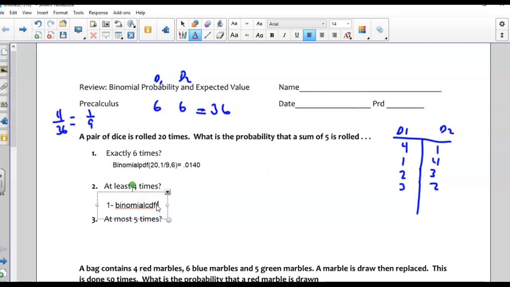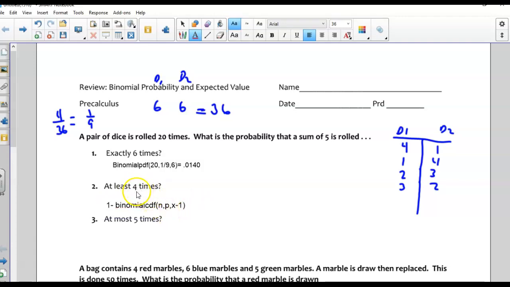Then we have our trials, our probability, and then our x value, x minus 1. Sorry, I said 1 minus x, but it's x minus 1.